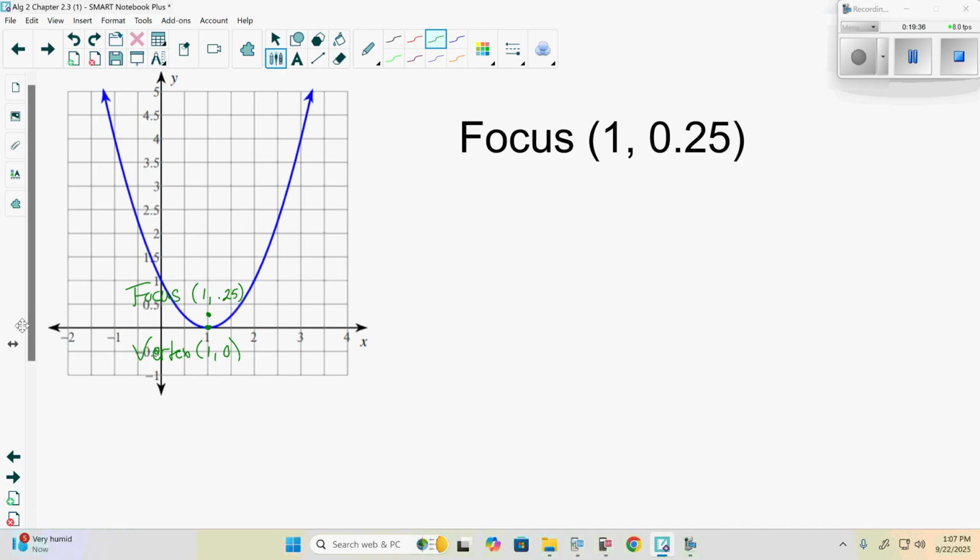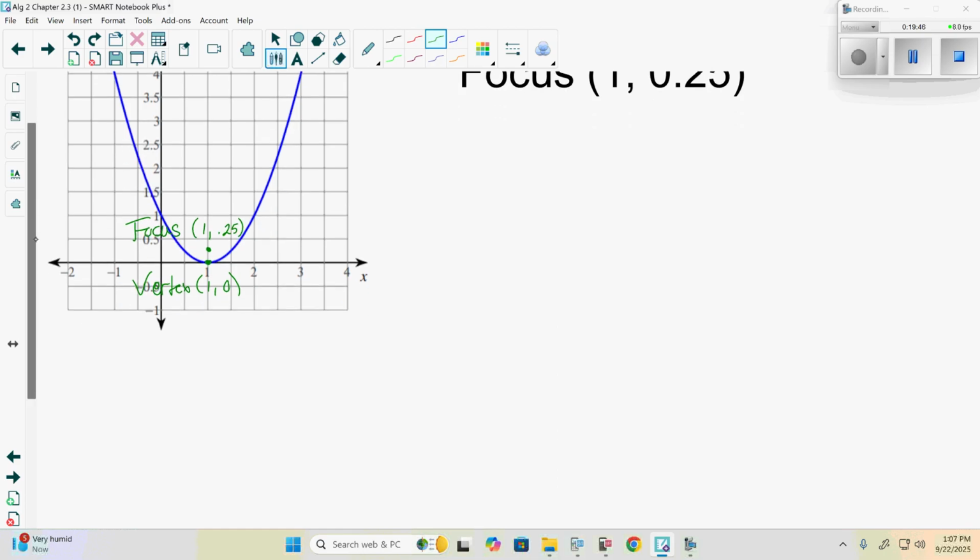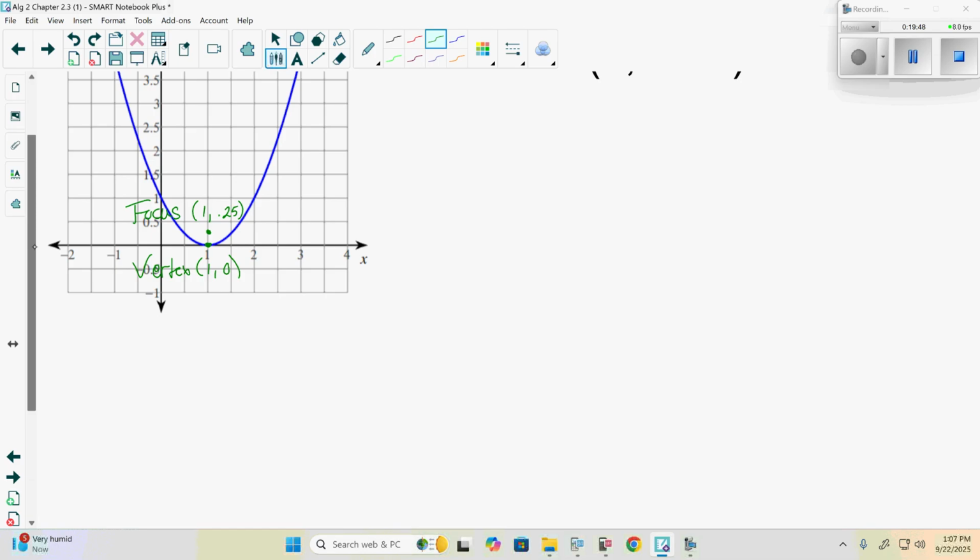Now, as we can see here, the parabola itself is opening up, which means it's going to be our y equals. But if we look from the vertex to the focus here, we can again do it in one of two ways. What's changing? Well, the k value is going from 0 to 0.25. We don't have the same k value from the vertex to the focus.